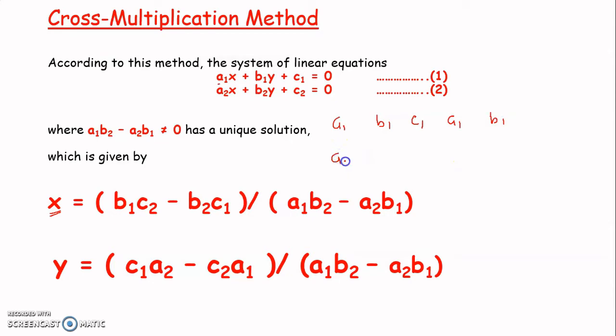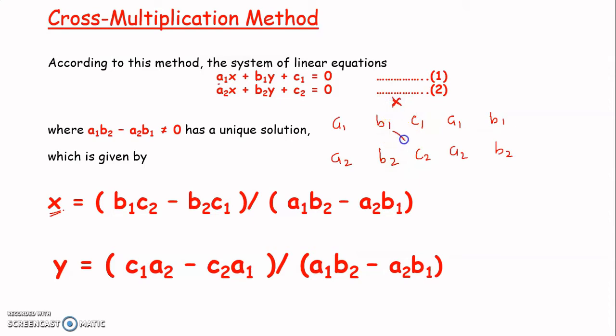And for the second equation a2, b2, c2, a2, b2. Now to find the value of x, we will do the cross multiplication of these two rows.